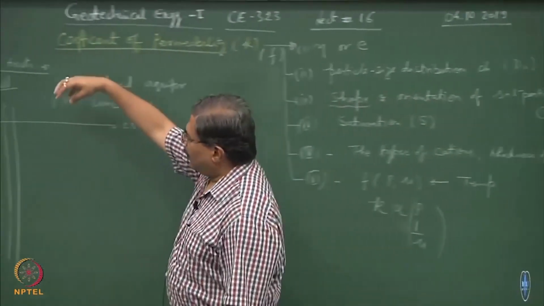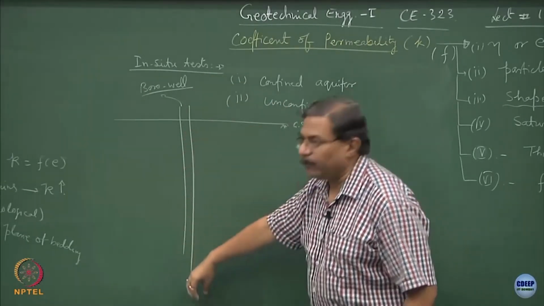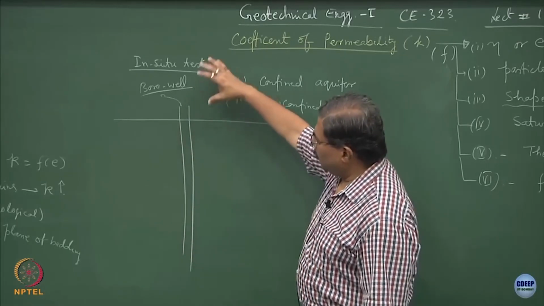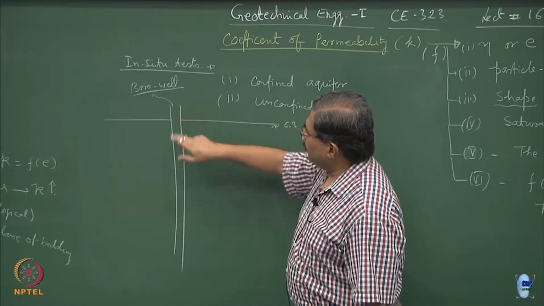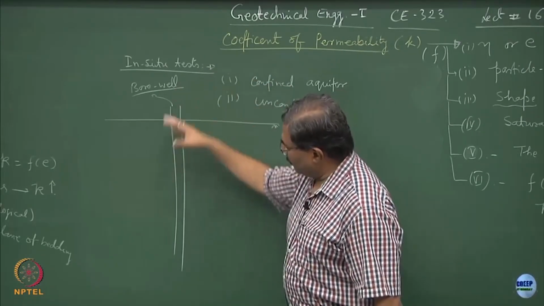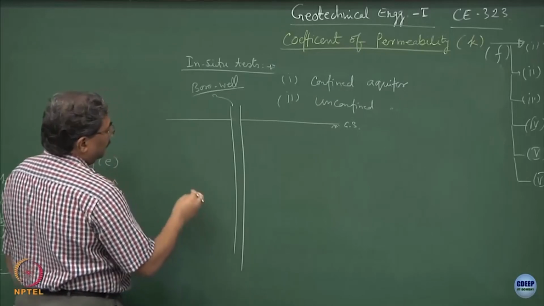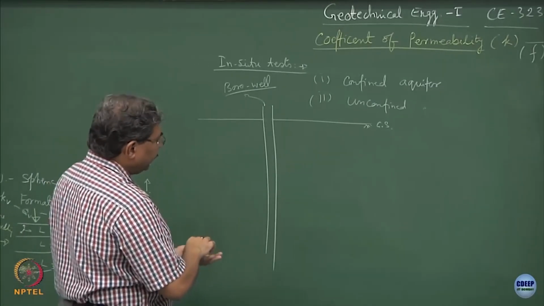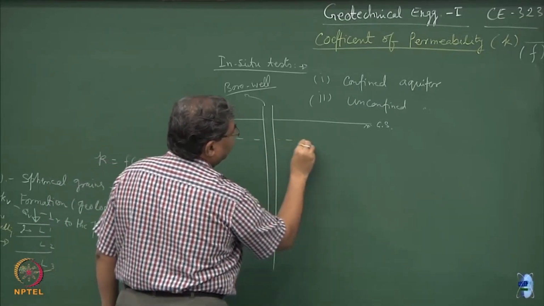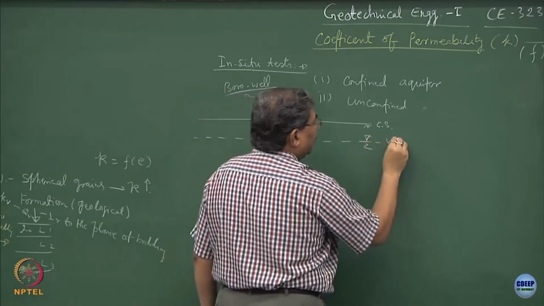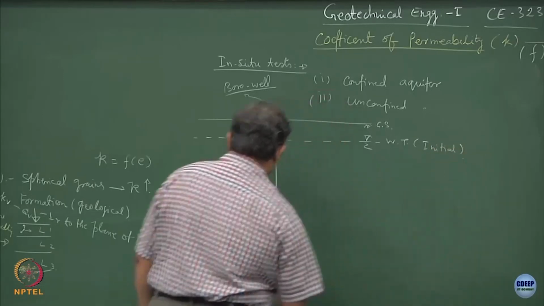You are boring into the soil, cutting the soil and putting down a casing, and most of the time this casing is perforated. So, this becomes a bore well. That means you have bored the soil and then you have lowered down the strainer or a casing which is made of steel to support the soil, otherwise the soil will collapse and the well is not going to function. So, this is perforated, and suppose we have an initial water table somewhere here, and somewhere here you have a hard rock.